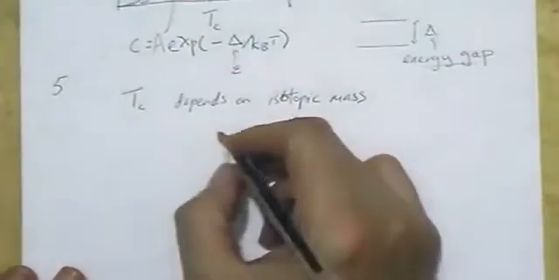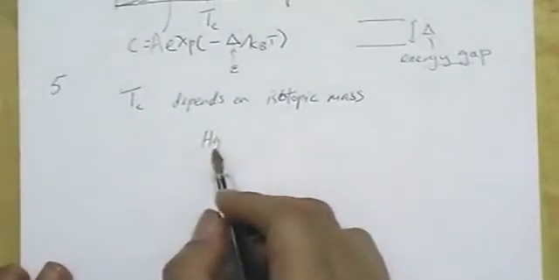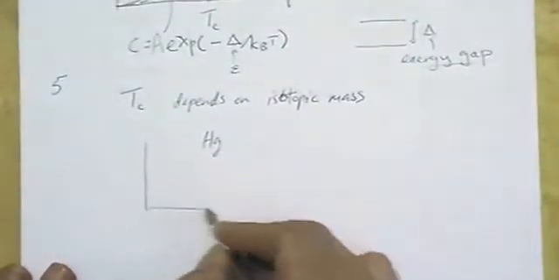Now what this means is as follows. Consider, for example, mercury. So an experiment that measures the superconducting transition temperature for mercury has been carried out for a few different isotopes of mercury.